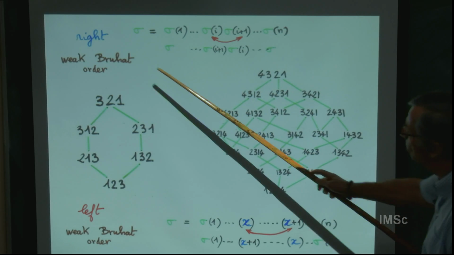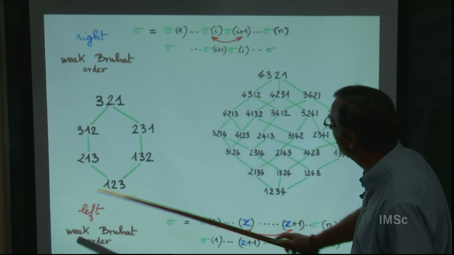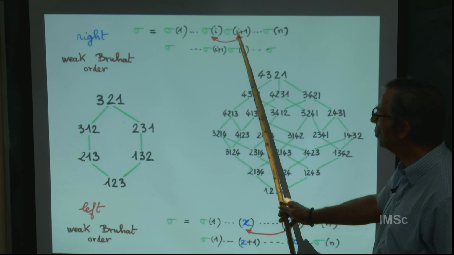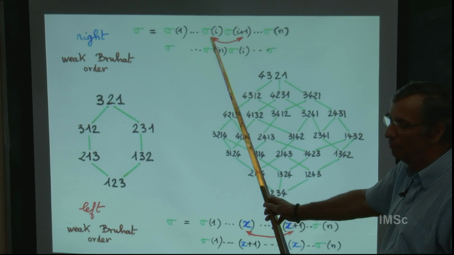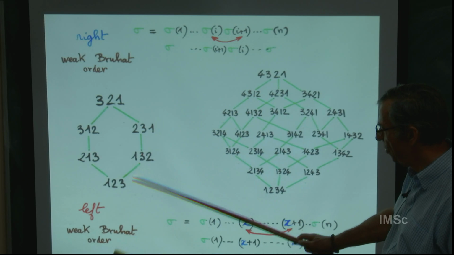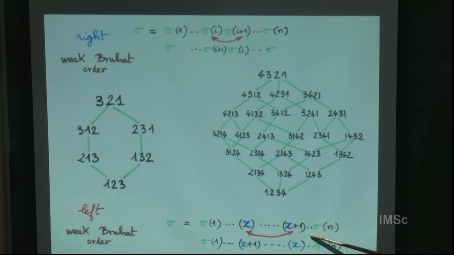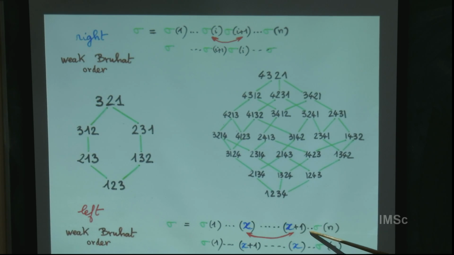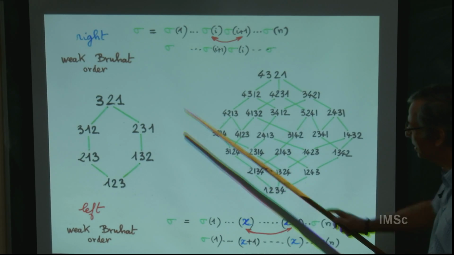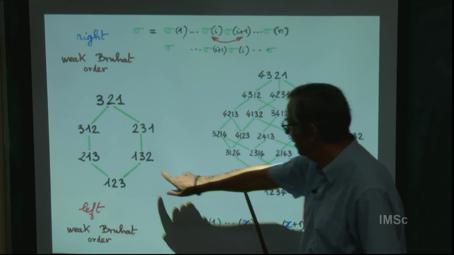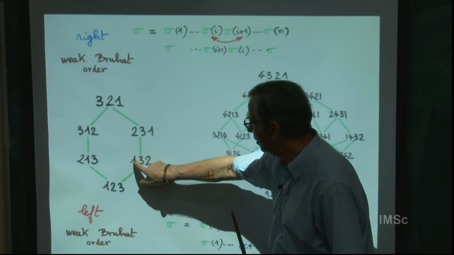So there are two weak Bruhat orders, the right and the left. The right means you exchange two consecutive values. Or the left, where you exchange two values which are consecutive. For example, this diagram is for the left weak Bruhat order. For example, here, this is below this one, you are exchanging 1 and 2.